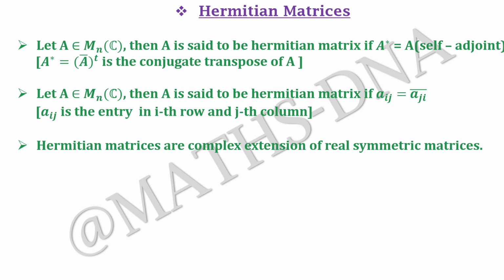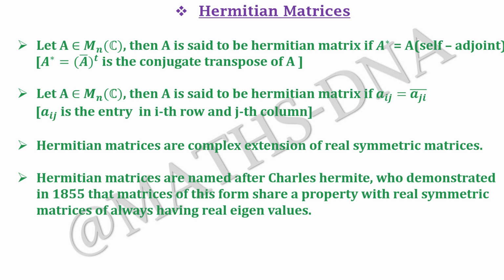Hermitian matrices are a complex extension of real symmetric matrices. Also, Hermitian matrices are named after Charles Hermite, who demonstrated in 1855 that matrices of this form share a property with real symmetric matrices of always having real eigenvalues.